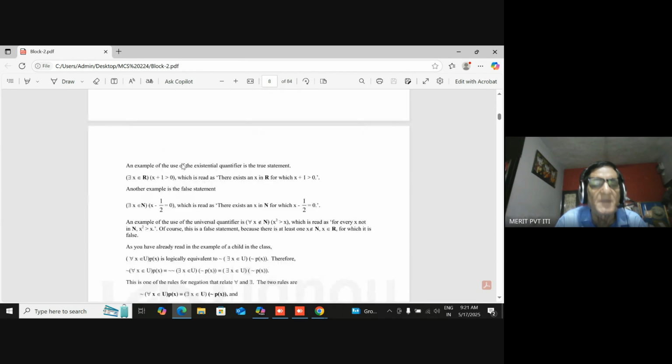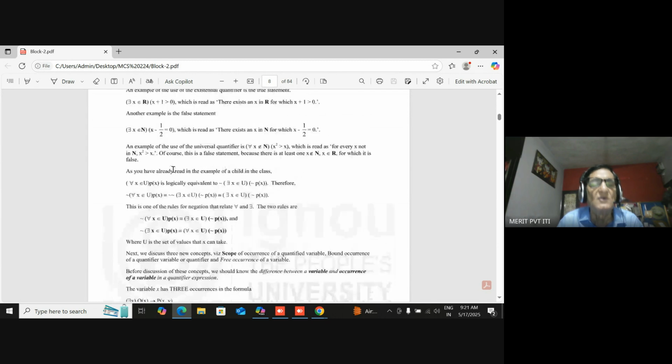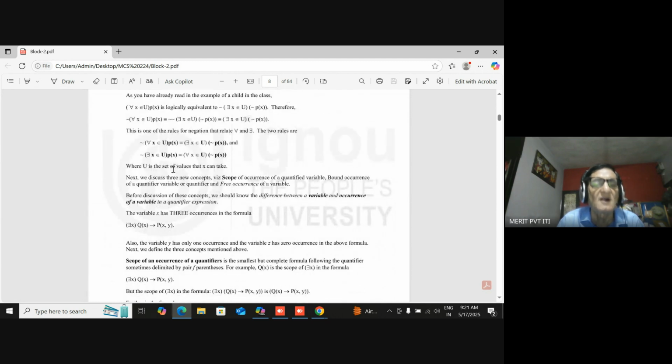So that type of thing, there exists x and x minus 1 is equal to 0, which is read as this. This is a set N for which there exists an x in N for which x minus half is equal to 0. So these are the things which we have talked about earlier also.